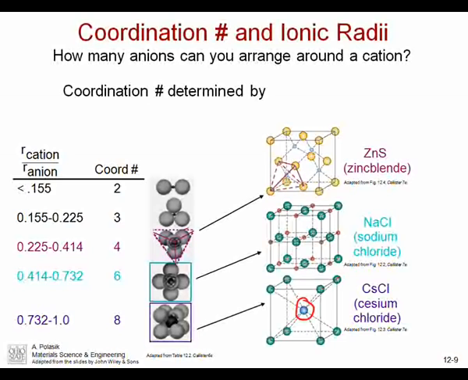Sodium chloride now is face-centered cubic chlorine atoms with sodium at the interstitial sites, which are these edge centers. So I want you before Monday to go look at these because we're going to talk about them, and thinking in 3D is always a little hard.